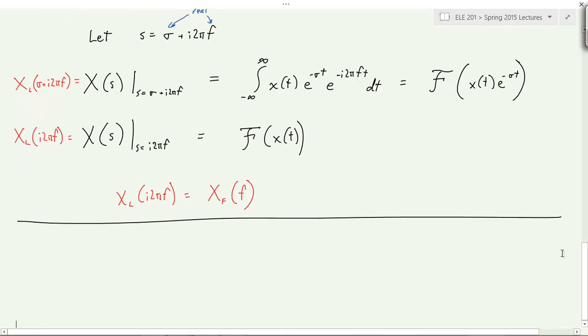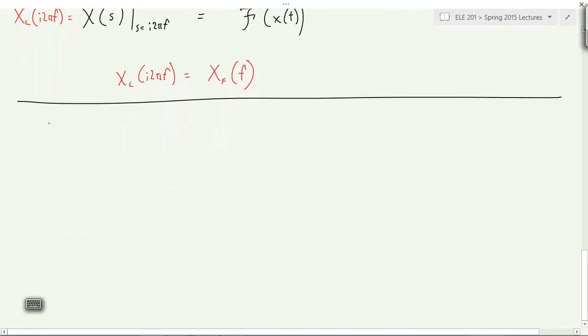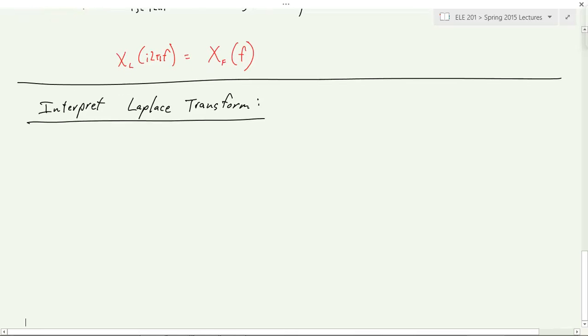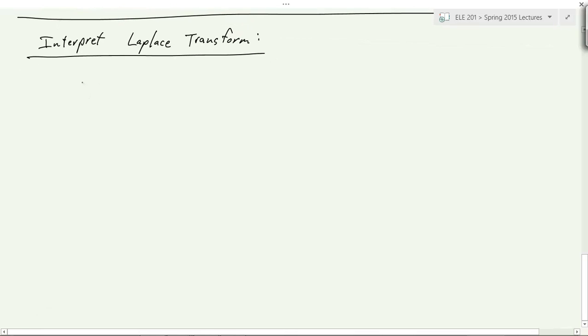Then with this understanding, suppose we have some signal. Remember, we're using what we just talked about above, that the Laplace transform at some sigma plus i 2 pi f is the Fourier transform of a signal x of t e to the negative sigma t.